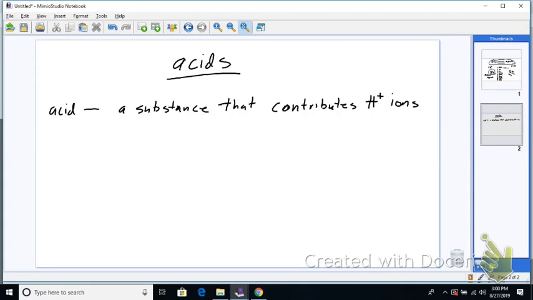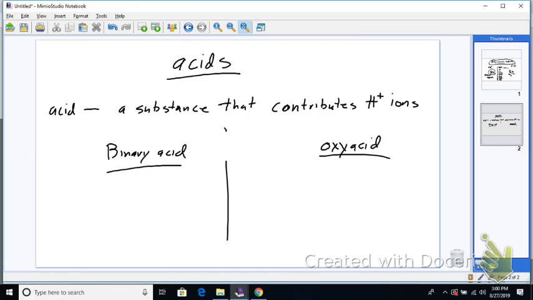It's a nonmetal. So then we have two types of acids. One's called a binary, and then we've got one that's called an oxyacid. It's got oxygen in it. Okay, so those are the two types of acids that we have. So binary is just what it says. It's going to be H and a nonmetal.